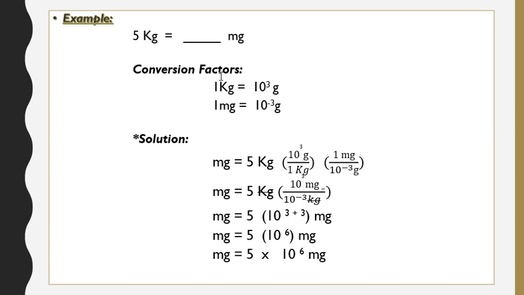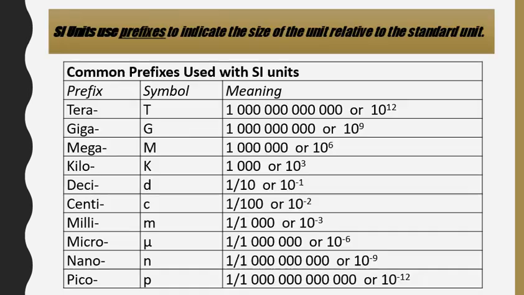Take note again, we have to use conversion factors. The conversion factors you use are the units involved in the problem. Since kilogram and milligram are involved, here is the equivalent. Where do we get this one? We get this one from the table.